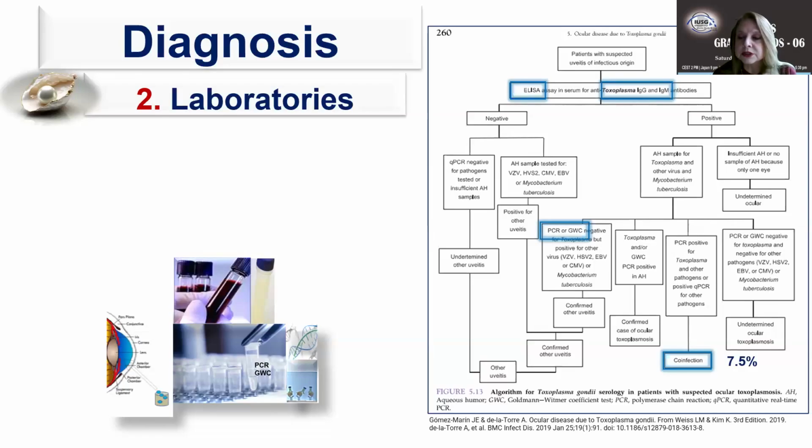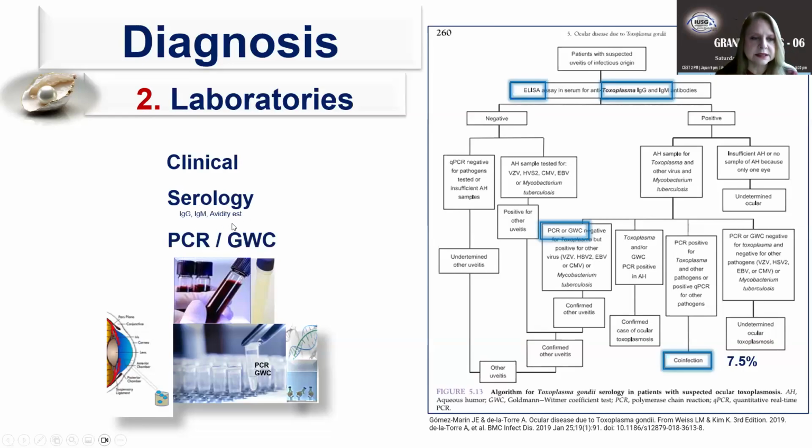That's why it's important to use multiplex PCR. So for the diagnosis, clinical is the first clue, but serology is also important, IgG, IgM, and avidity test, and also molecular diagnosis, PCR, or Goldmann-Witmer coefficient, which is a local ELISA.